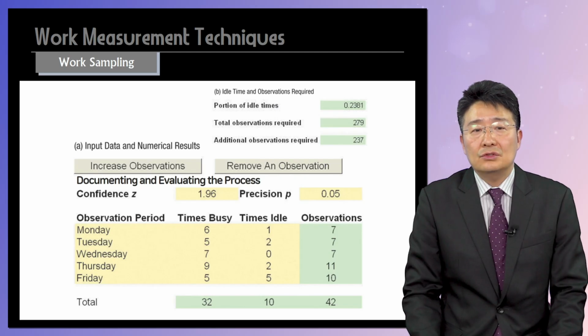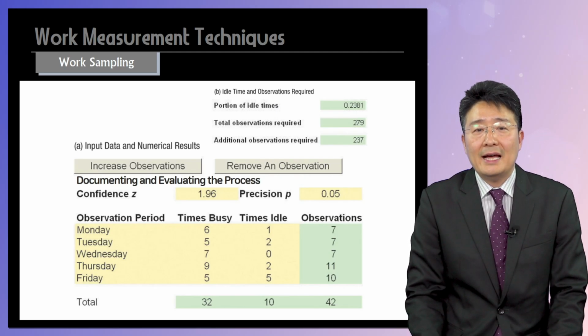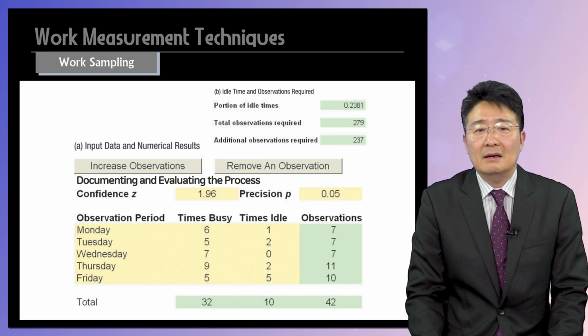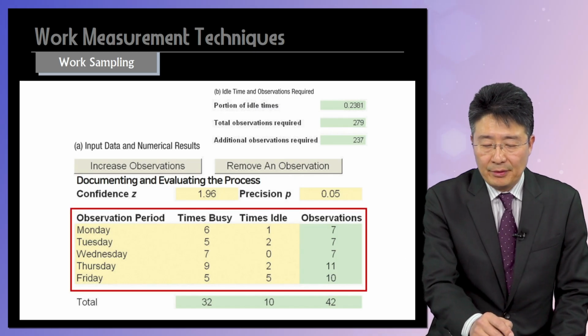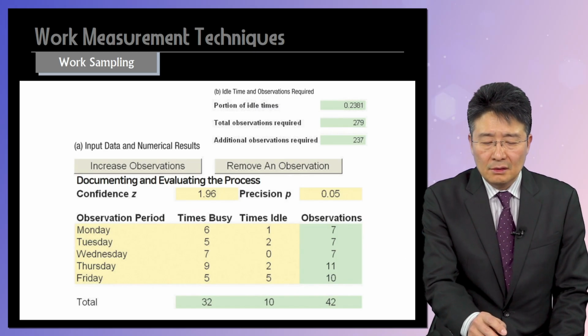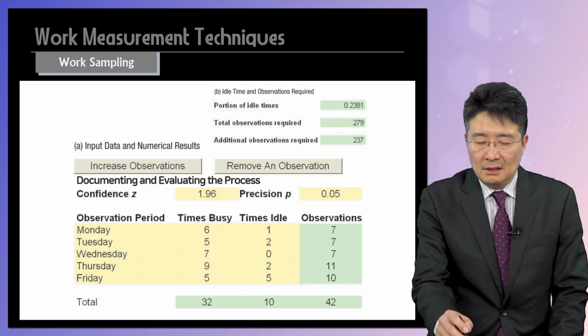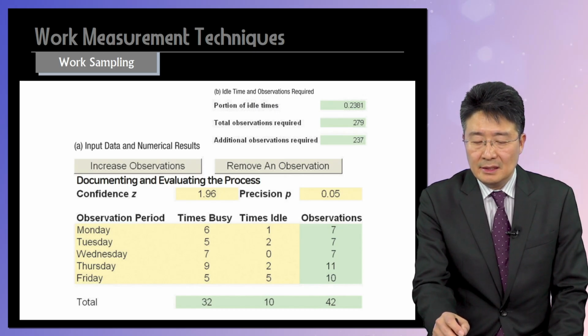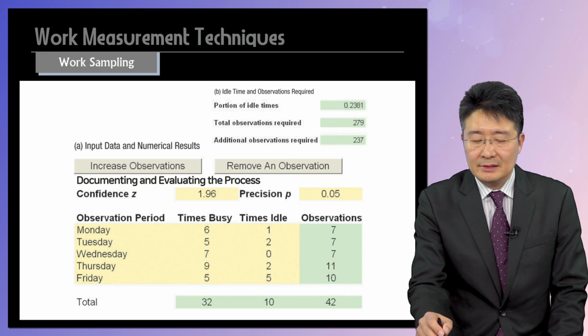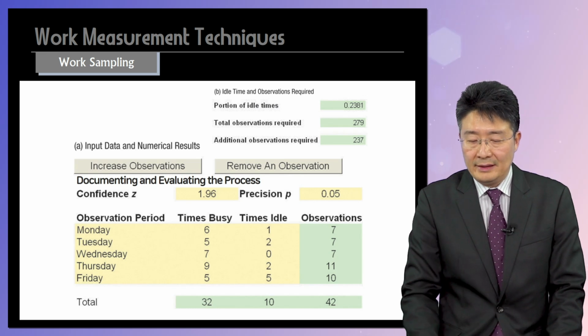So, as I told you, we are considering the proportion of the time spent by the machines or employees. So, this is the example. On Monday, the times busy 6 times idle 1, okay?